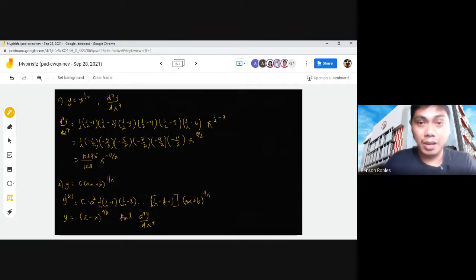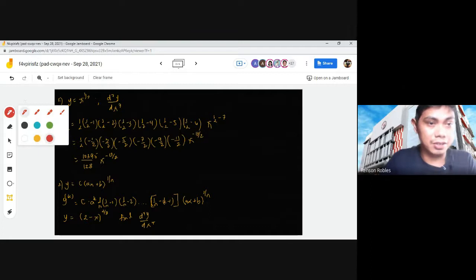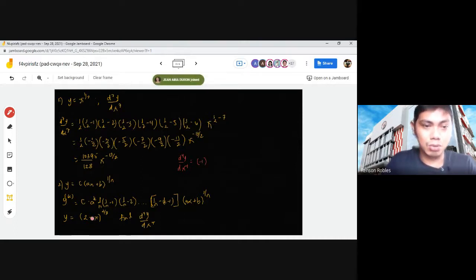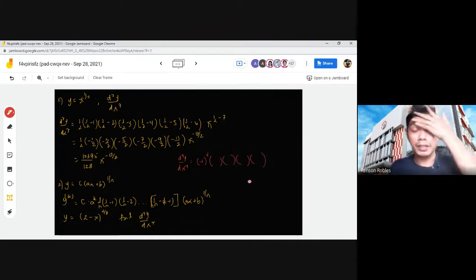I'll write it here and change color. The fourth derivative of y in terms of x is equal to: a is -1 and c is equal to 1. So you have -1 raised to k, that's 4, so four terms. 1, 2, 3, 4, and then -1 each.